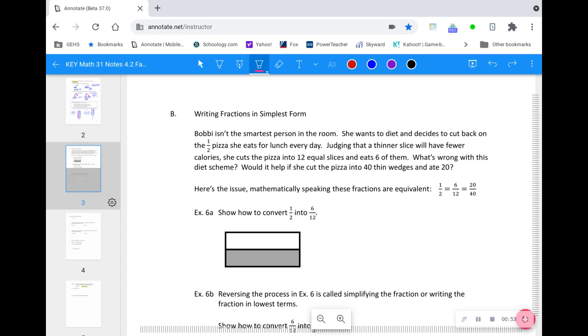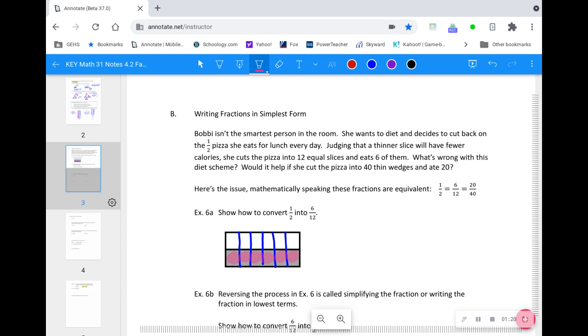So, judging that a thinner slice will have fewer calories, and she's actually right about that, she decides to cut the pizza into smaller pieces. So let me cut this into 12 pieces. And then she proceeds to eat 6 of those 12 slices.